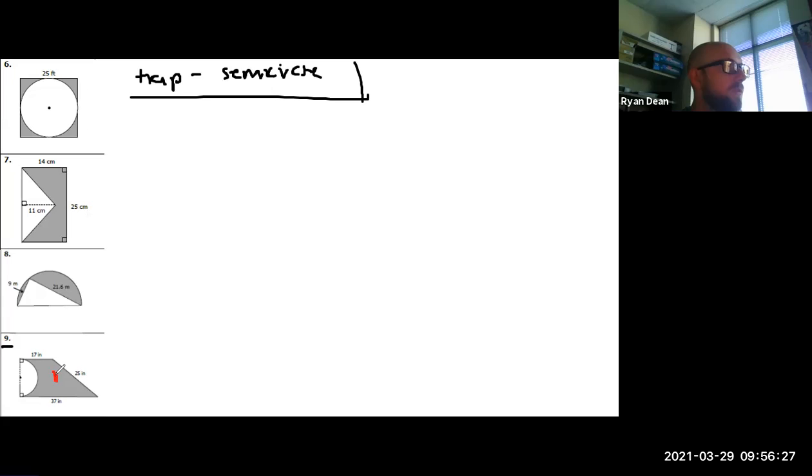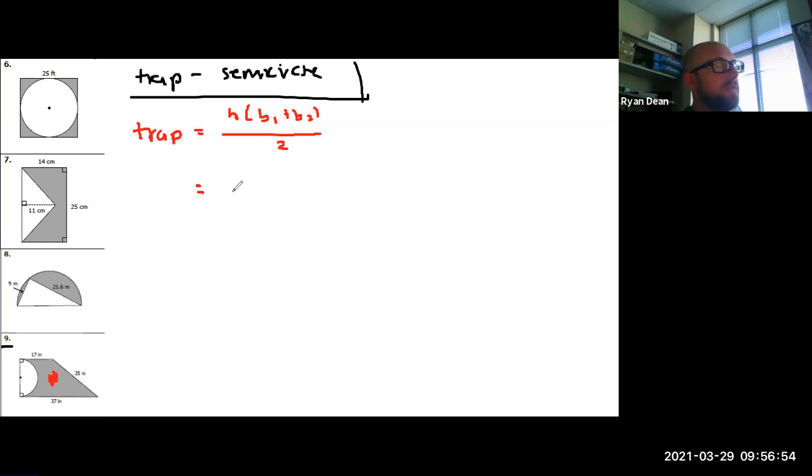So we'll do the trapezoid in red. For the trapezoid, we have our height times base 1 plus base 2, all divided by 2. And fortunately for us, we have both bases, but we don't have the height.